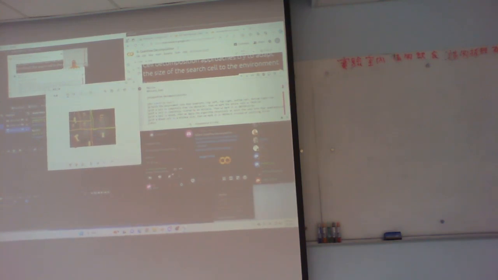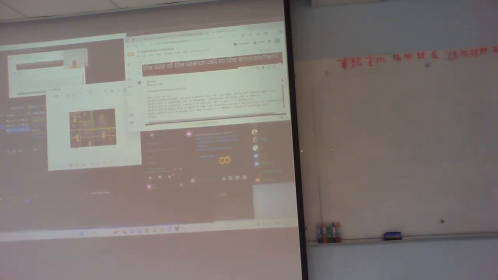This one would be split. Then these ones we would split. This one would be split then, and this one as well. And here we would get some free cells. Right? So implement the quadtree decomposition algorithm for a simple environment like that.